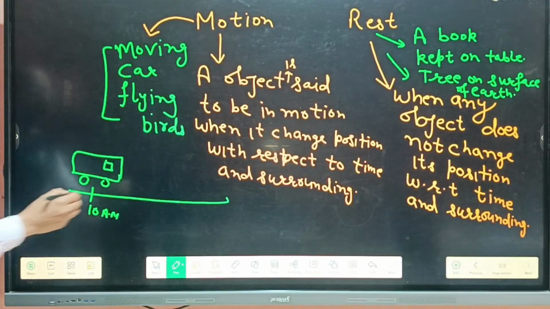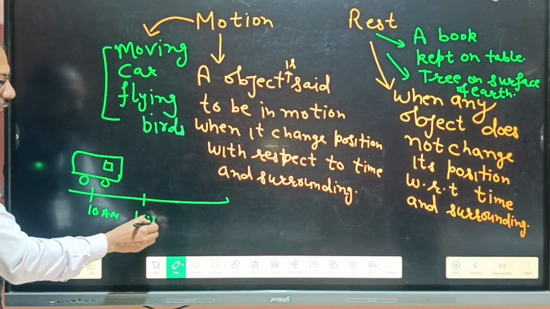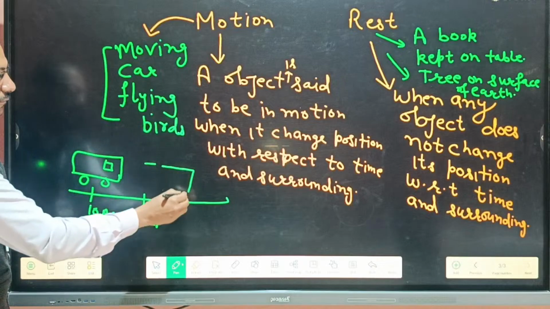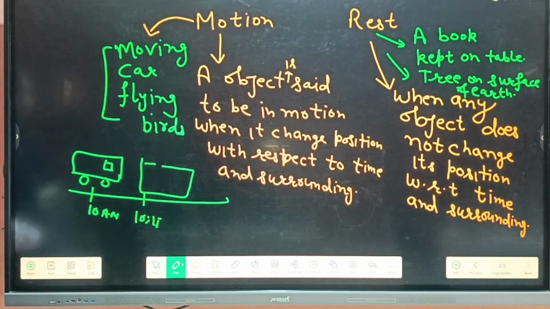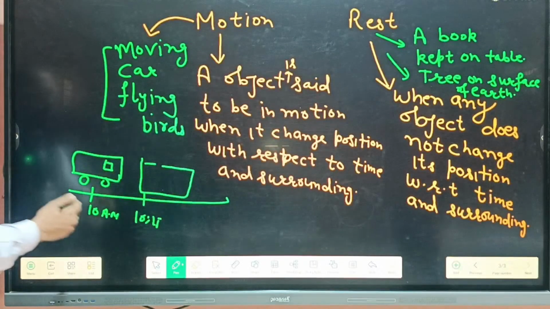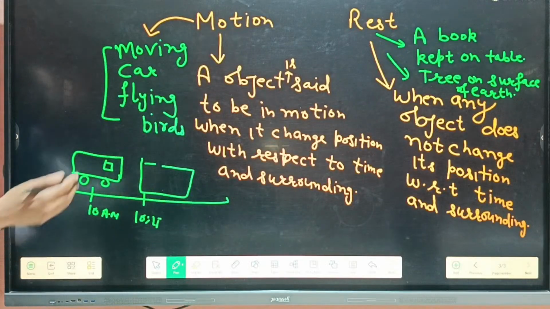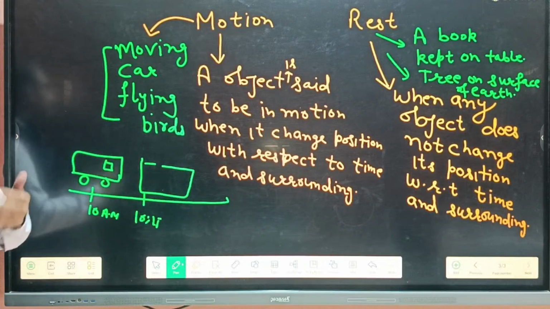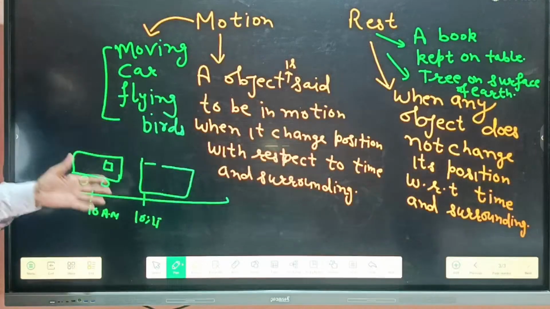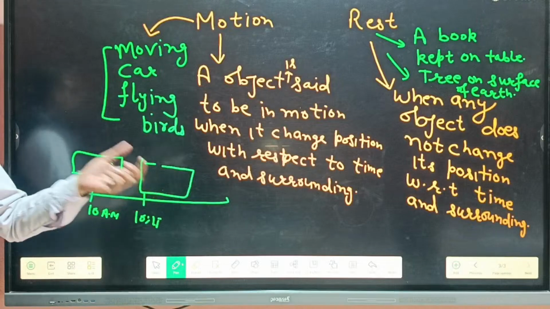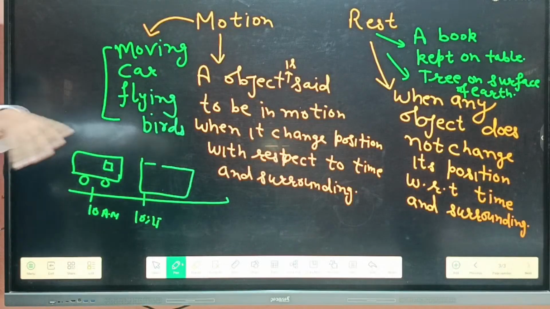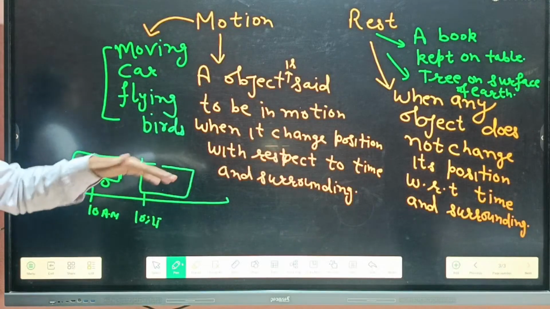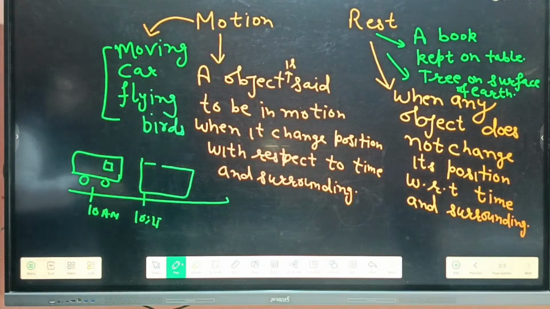After some time, you see it at 10:15. So this position changes with respect to time. With increasing time, the speed of a bus increases, and it changes its position with respect to time and surrounding. The environment, like trees and all things, is the surrounding.